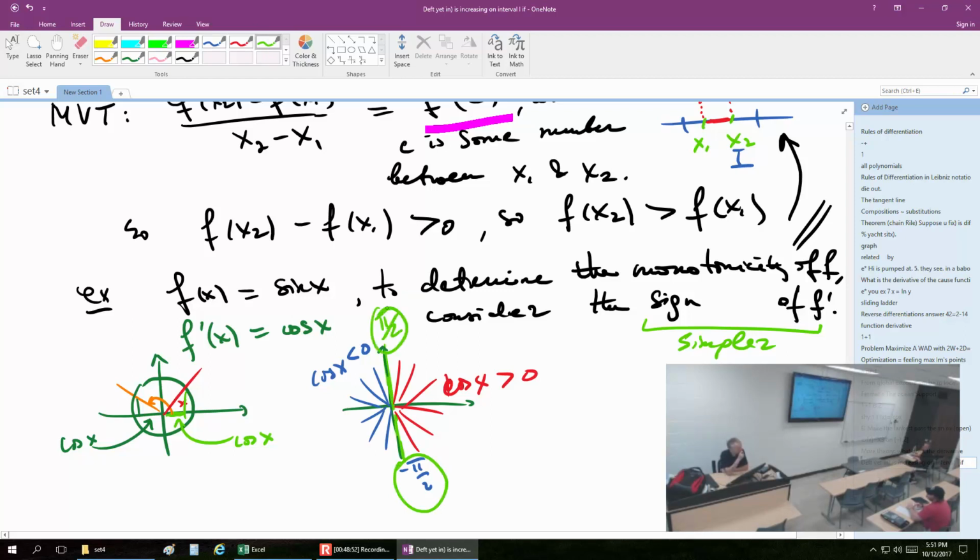So from negative 90 degrees to 90 degrees is the span of positive values of cosine, and then it becomes negative, and positive and negative, and so on. So cosine x is positive for x between negative pi over 2 and pi over 2. So sine x is increasing on the interval negative pi over 2, pi over 2.